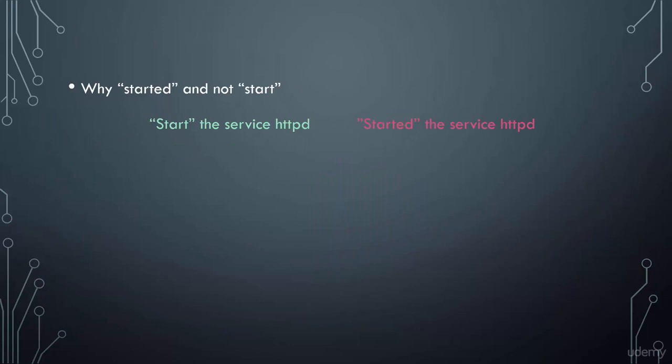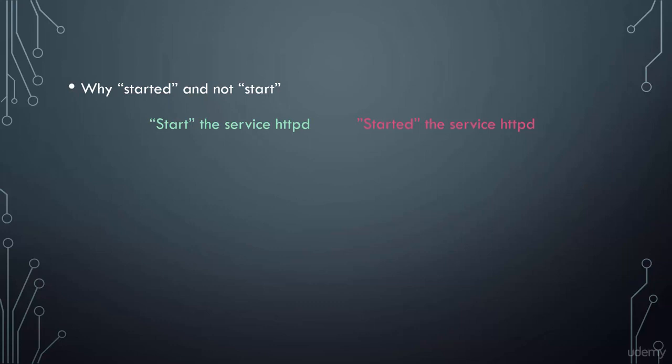So back to our question on why the action is started and not start. If we were to instruct Ansible to start a service, we would say start the service HTTPD and not started the service HTTPD. So then why is it started and not start?